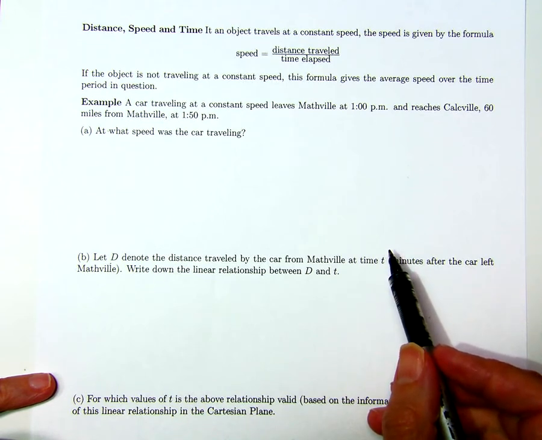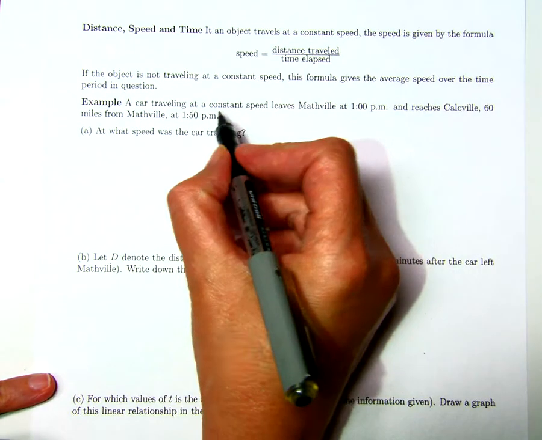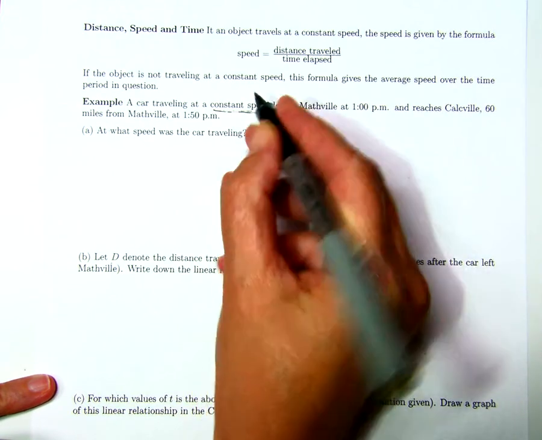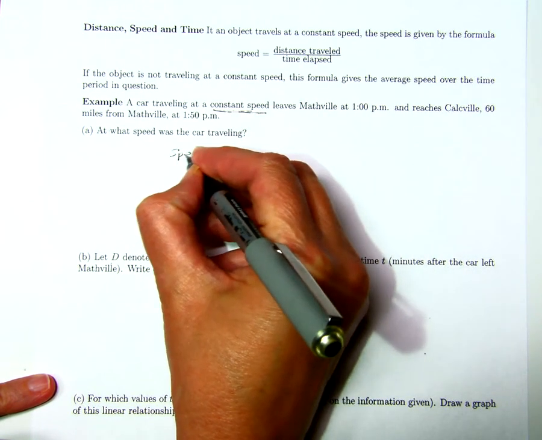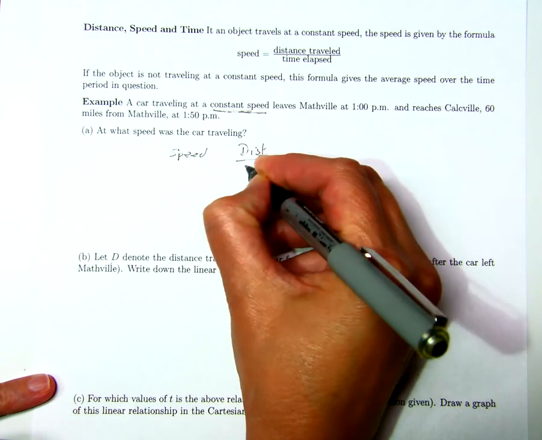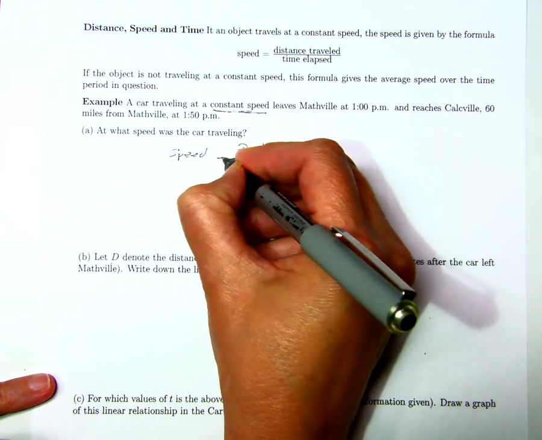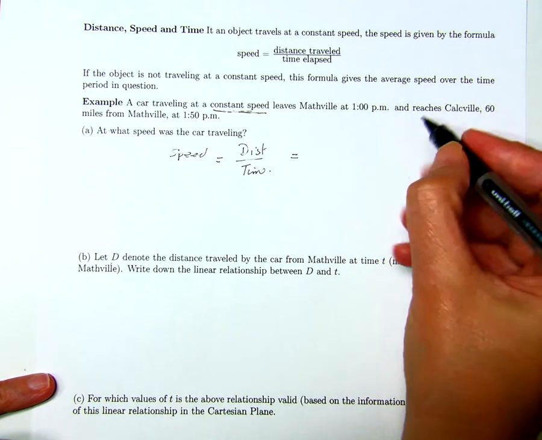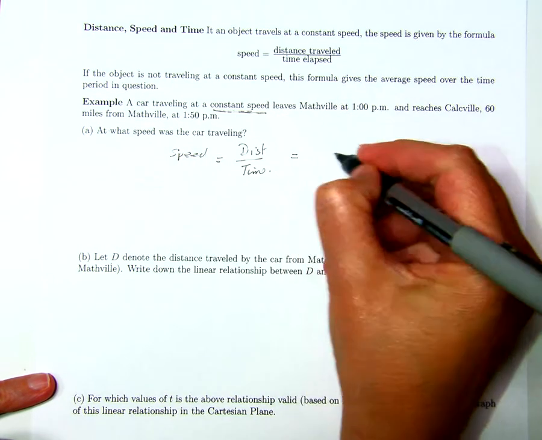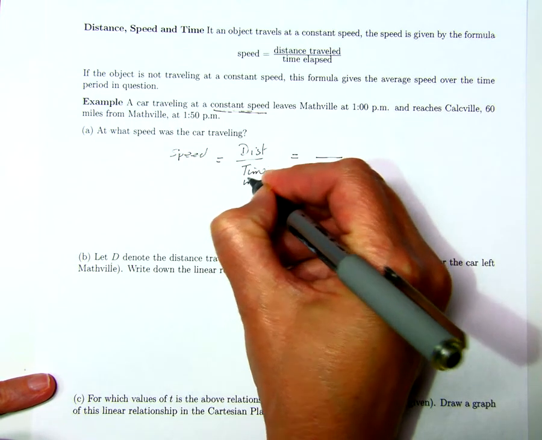So, at what speed was the car traveling? Well, it's a constant speed, so it's going to remain the same. And that speed is going to be the distance traveled over the time it took to travel that distance. They went from Mathville to Calcville in 50 minutes, and here we're measuring time in minutes.